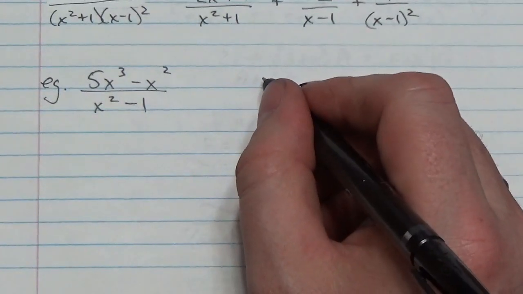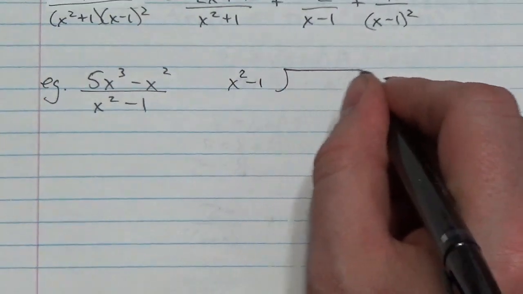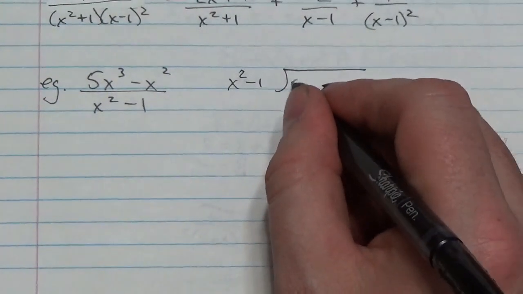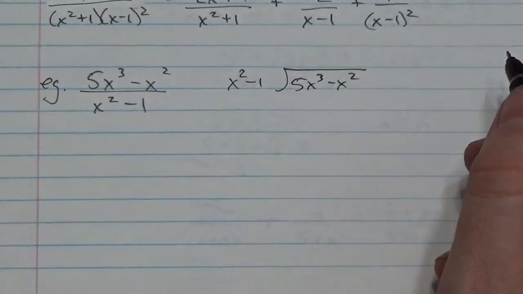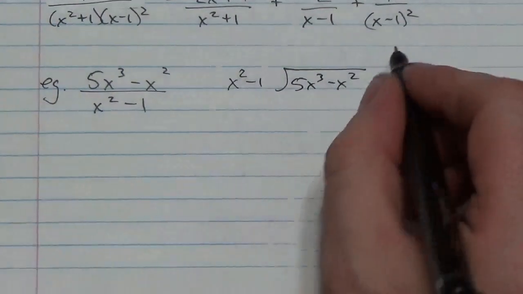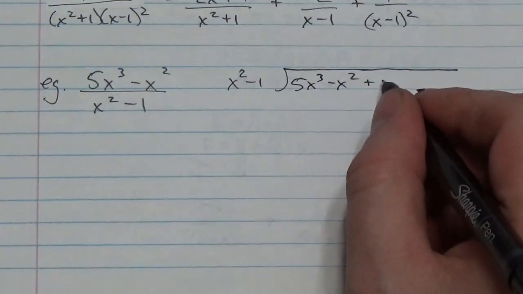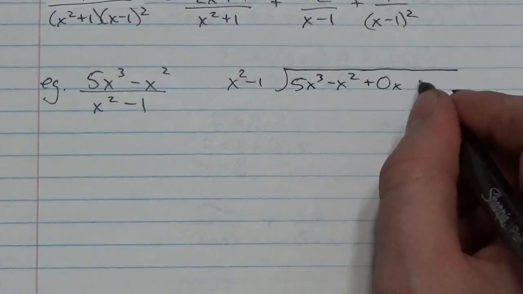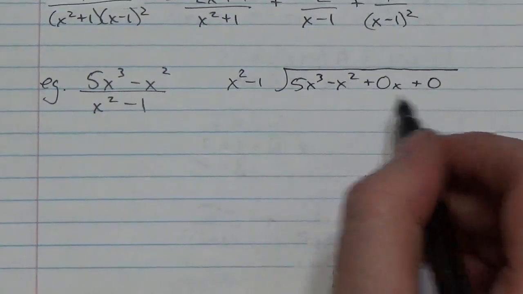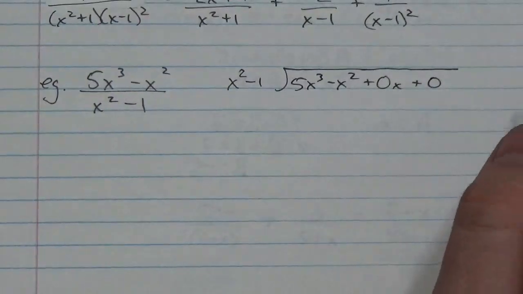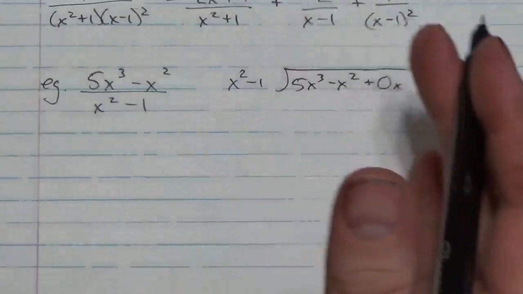So we're going to take x squared minus 1, and divide that into this 5x cubed minus x squared. Now, I'm a pretty detail-oriented guy for the most part, so I'm going to include my linear and my constant terms here. The reason I do that is because I like things to line up a little bit.